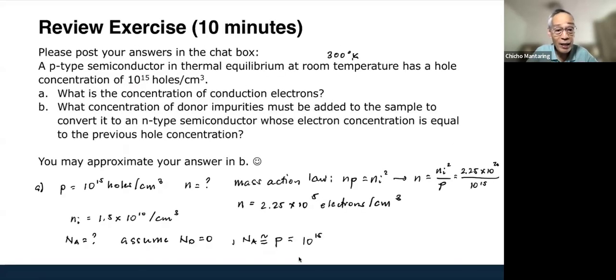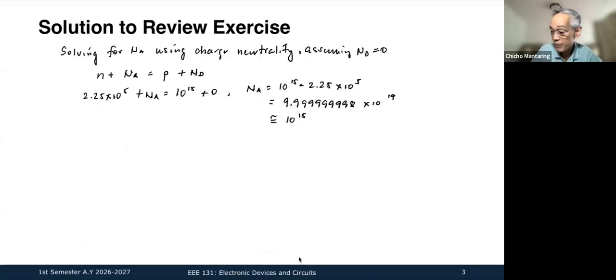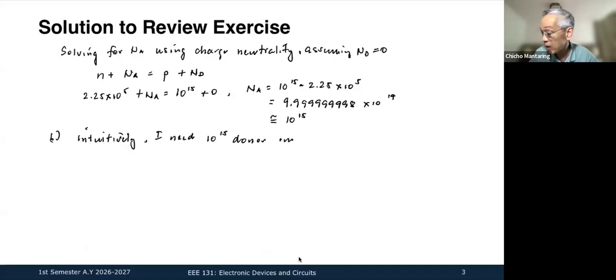Okay. Intuitively, what is going to be the value of ND? Intuitively, ano yung value ng ND? I need 10 to the 15 donor impurities to make my semiconductor look intrinsic again.